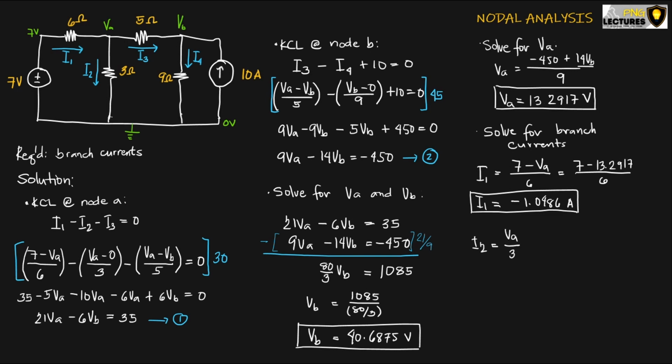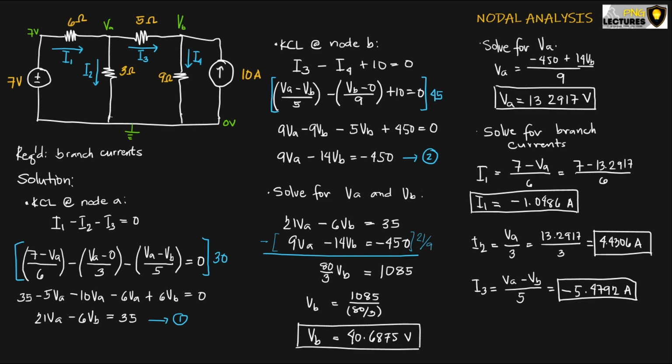Similarly, for I2, we substitute the value, and then we have 4.4306. I3 is negative 5.4792 amperes, and then I4 is equal to 4.45208 amperes. If you still doubt your answer, you can simply substitute back your I1, I2, I3, and I4 to our KCL equations and check whether your answers are correct.